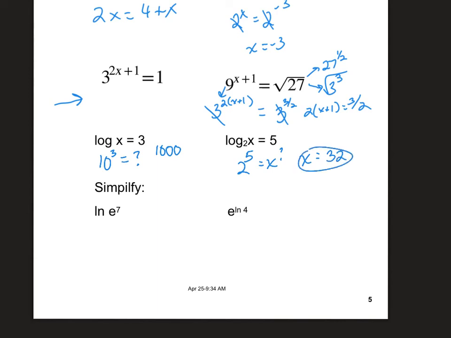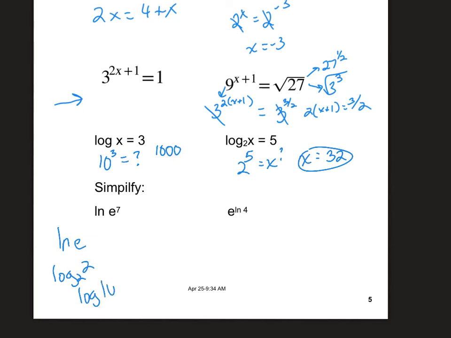And then finally, you might see some things that look like this. Whenever you have a log base and this is the same as the base of your expression, like for instance, natural log is base e, and then we see the e. So whenever you're taking the log of itself, right?